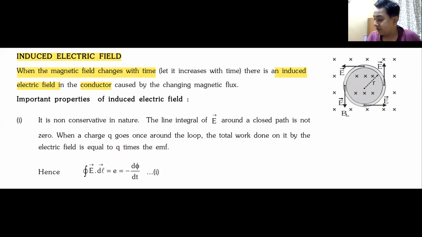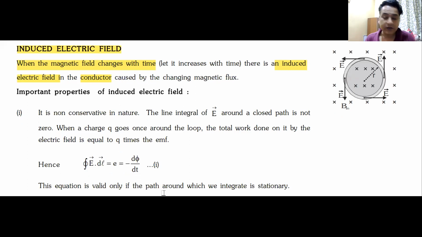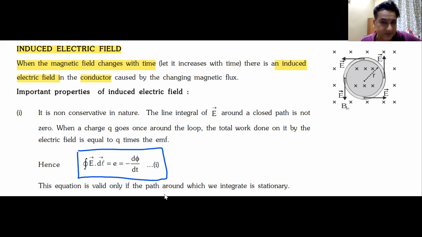But remember, this induced electric field is different from the electrostatic field that an electrostatic charge creates. The field created by electrostatic charge is conservative in nature. If you move in a closed loop for the electrostatic field, the integral of E dot dl over the closed loop is 0. But for this particular field, which is the induced electric field, this integral is not 0.